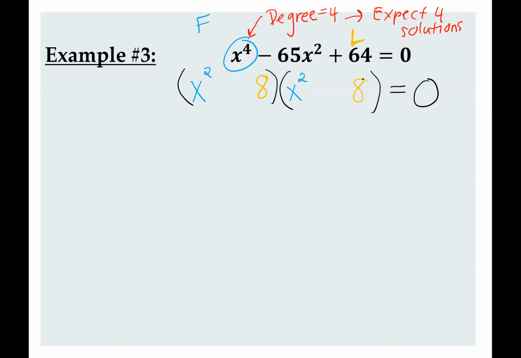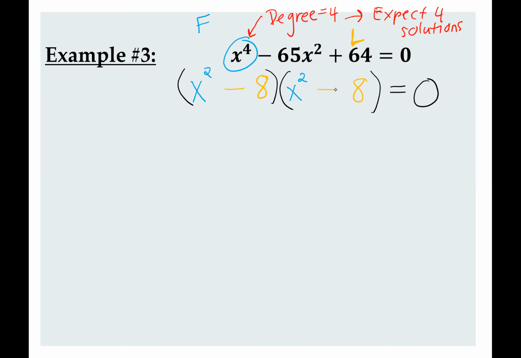Okay, 8 times 8 is 64, but no matter how you play around with the signs here, we're never going to be able to do that full distributing or FOIL process and get this middle term of minus 65x squared. So here, let's try it, right? If I need my last 2 terms to multiply to 64 positive, either it's positive 8 and positive 8 or negative 8 and negative 8.